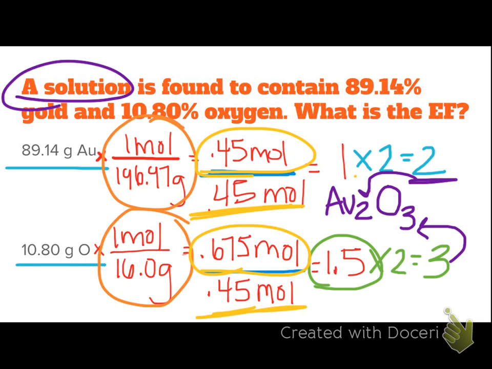The 1.5 was not a whole number. We need for these to be whole numbers because they become our subscripts. So to make 1.5 into a whole number, I have to multiply it by 2. Anything you multiply, you have to multiply everything else in the problem. So I multiplied my gold by 2 as well, and those numbers became my subscripts to give me Au2O3.